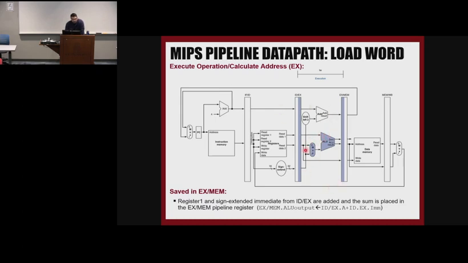So what we do is add IDEX immediate, which is already stored in here, it has 32 bits, with IDEX.A, which is the first register, and move the result in a register called ALU output in the EX/MEM pipeline. So ALU output is a register in the execution and memory pipeline. That's pretty much everything you do. Okay?